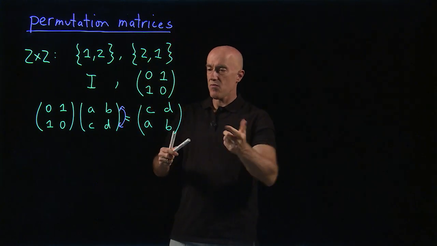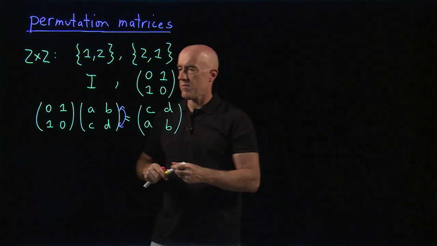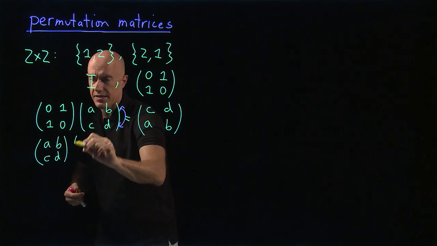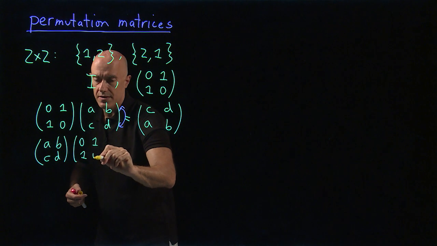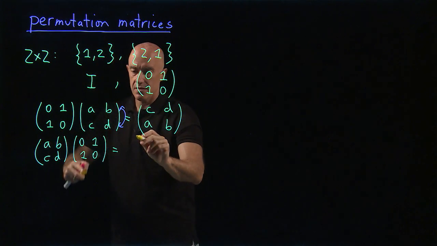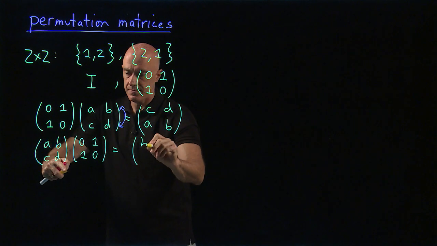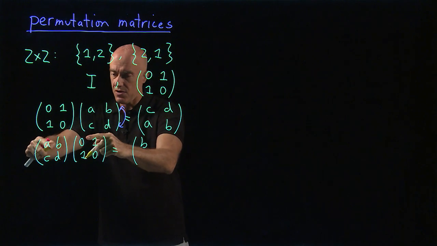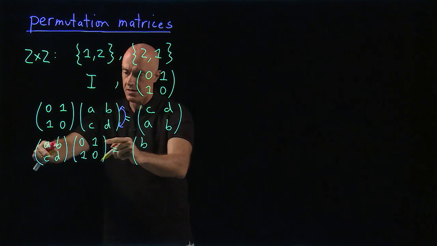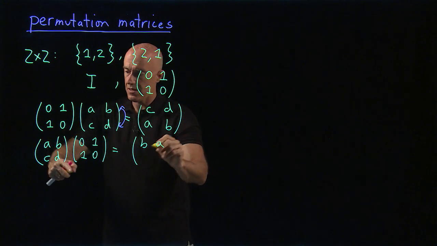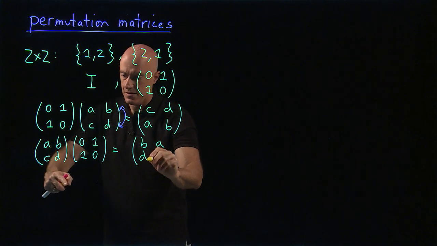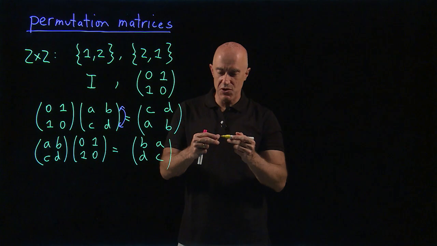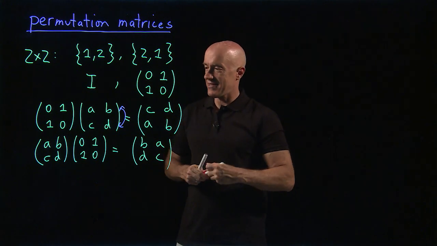What if we multiply on the right? Remember, matrix multiplication doesn't commute. So A, B, C, D times 0, 1, 1, 0. What would we get? We get B, A, and then D, C. So I did some torturous multiplication there, but actually it's kind of trivial.